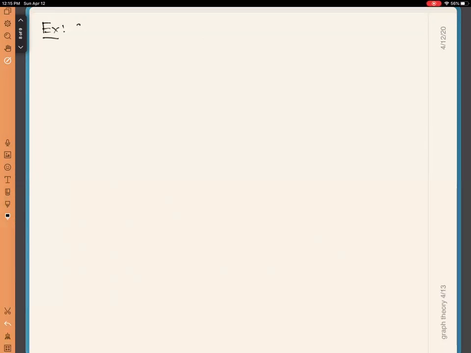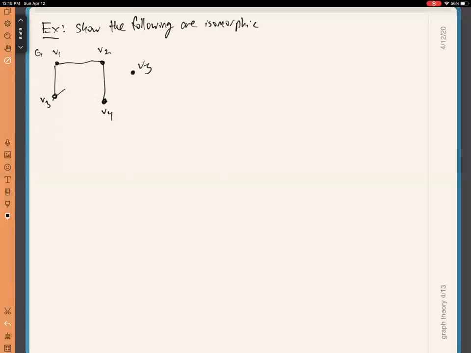Right. So what we're going to do is show that the following graphs are isomorphic. And so my first graph is going to be G1. Right, so I'll have these edges.